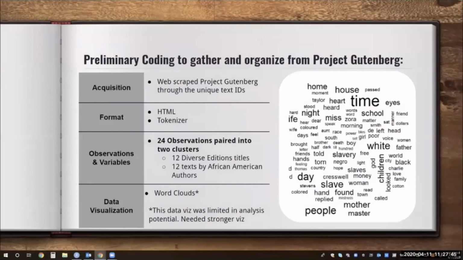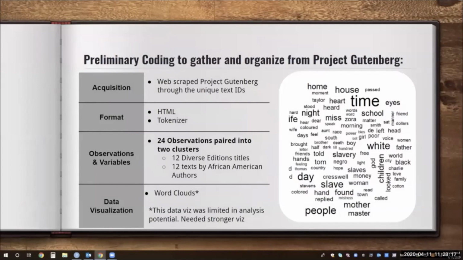Our first goal when working with these texts was to web scrape and then cluster each set of titles into two vectors: the Diverse Editions text set and the text by African American authors. We then organized the text clusters based on the individual words in this data set using a tokenizer. To arrive at word frequencies which were actualized in word cloud visualization, the word cloud you are currently seeing is the result of this process with the text by African American authors.